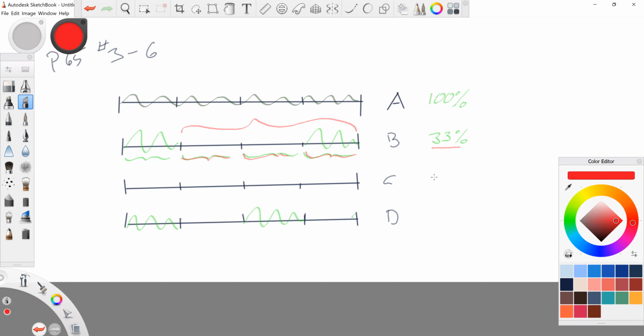Talking time apparently is 0% here. And down here, now this one's 50%. Sorry, I keep looking at the answer before we talk about it.